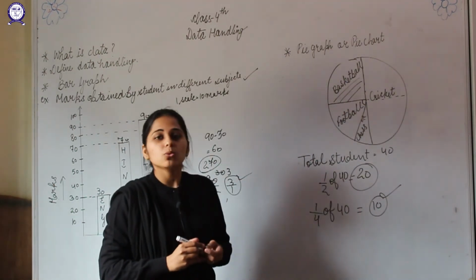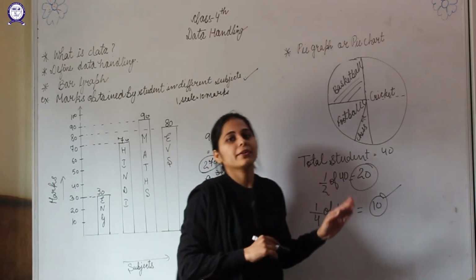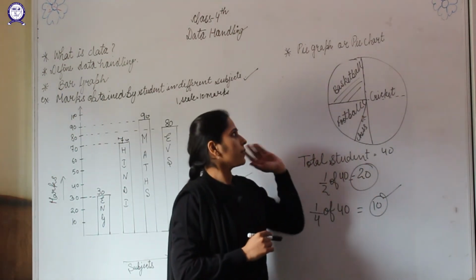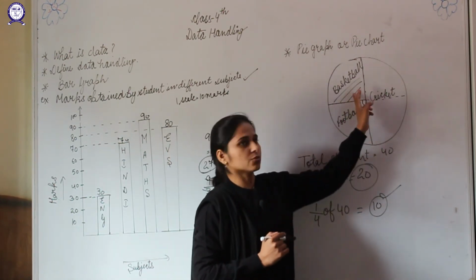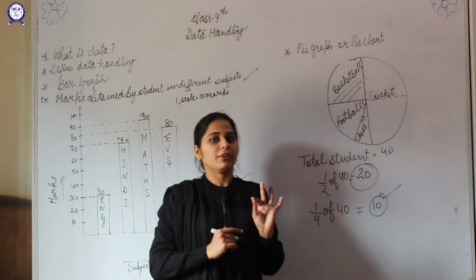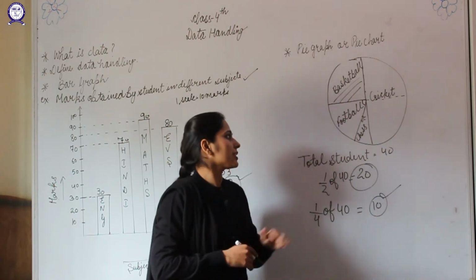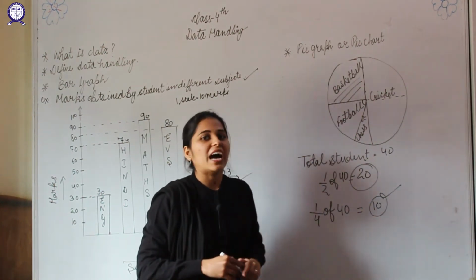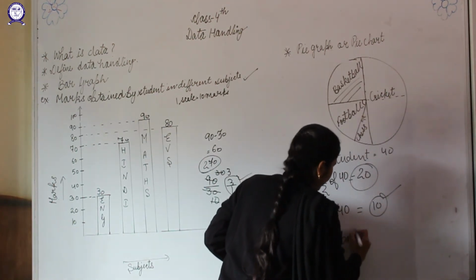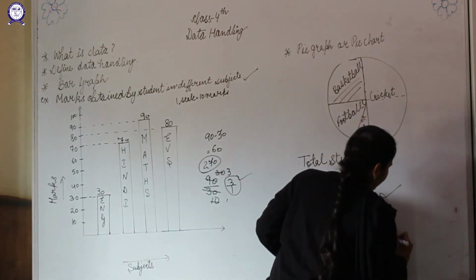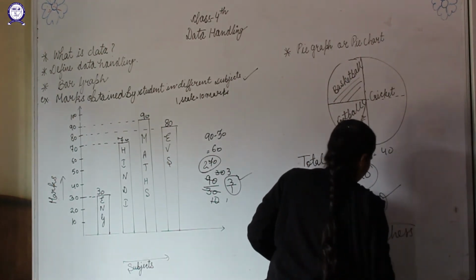Which two activities are covered in 1/4 of the pie graph or 1/4 of the class? 1/4 is this quadrant or this quadrant, but here only one activity is given, and in these two there are football and chess. So football and chess are the two activities covered in 1/4 of the class.